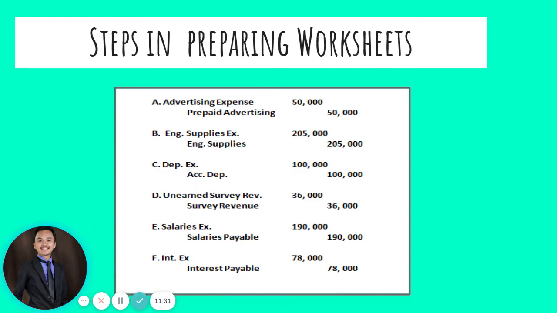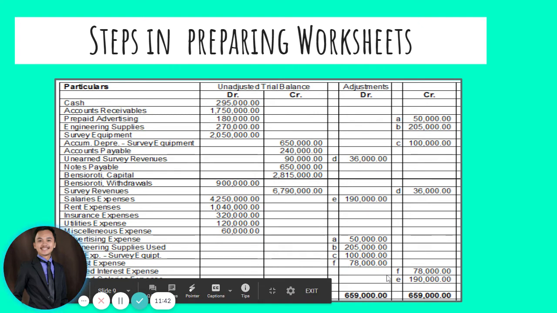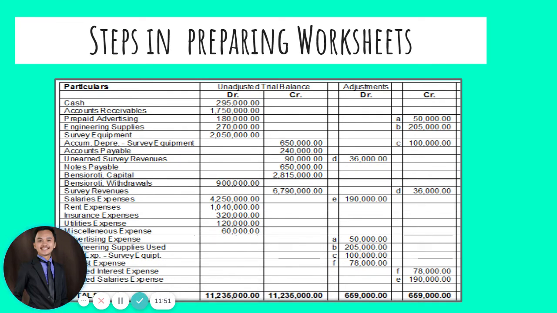And lastly, guys, for our accrued interest, to record the accrued portion of our interest expense, we have debit to interest expense, credit to interest payable. You simply debit interest expense for 78,000 and credit 78,000 also for accrued interest payable.